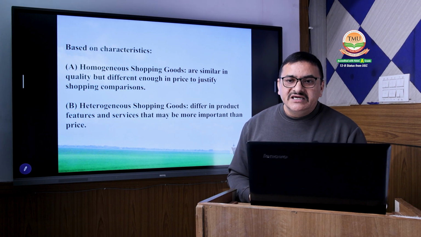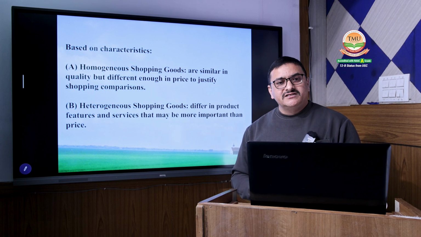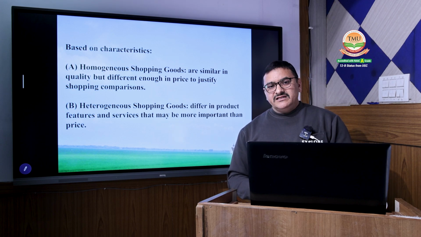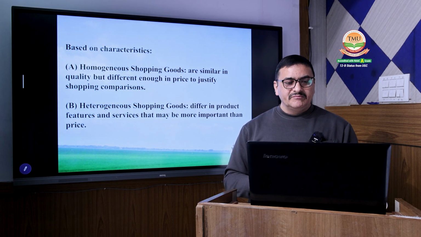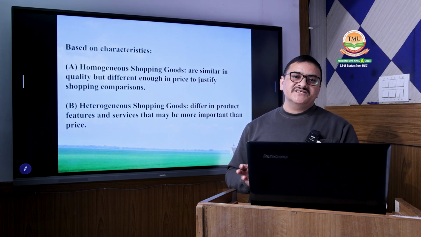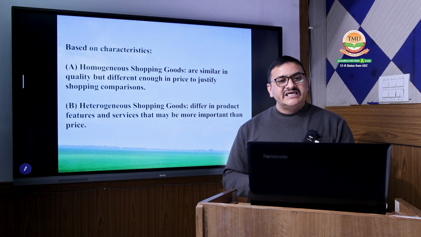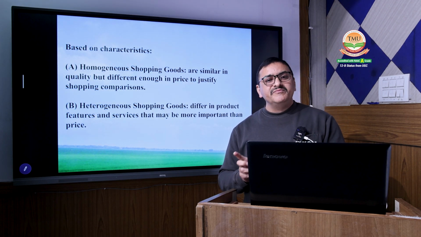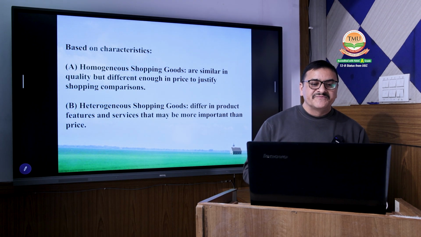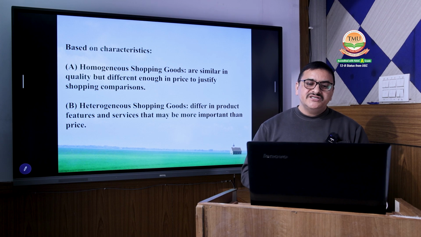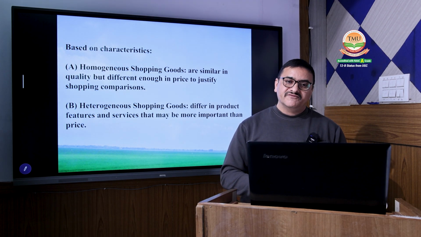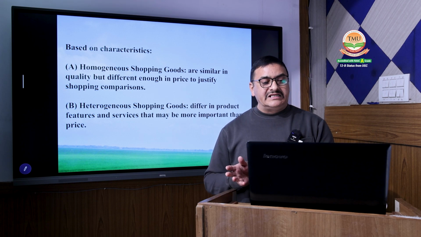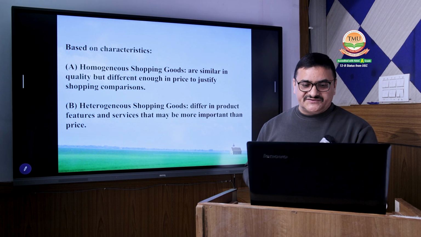For example, if you are purchasing a ready-made shirt, in terms of quality it will look the same, but a branded shirt may vary in terms of price. Then we have heterogeneous shopping goods, which differ in product features and services, and these may be more important than the price.